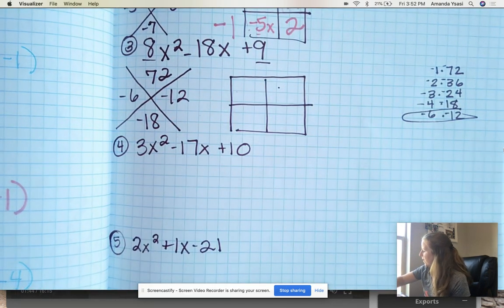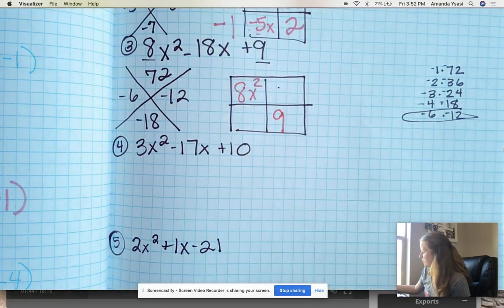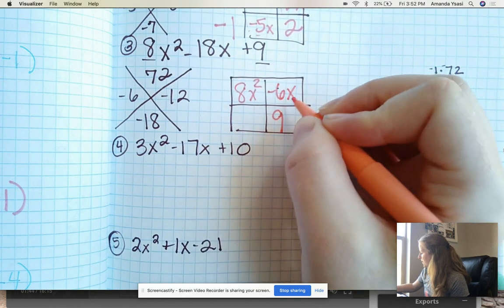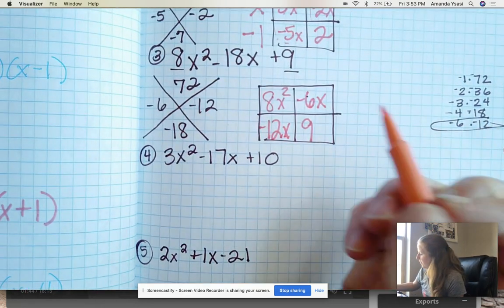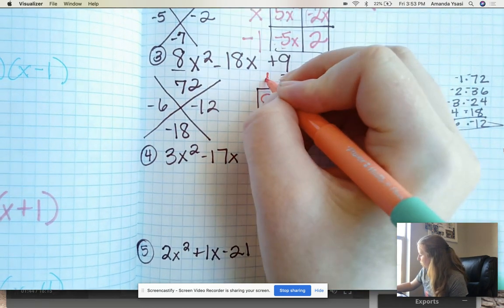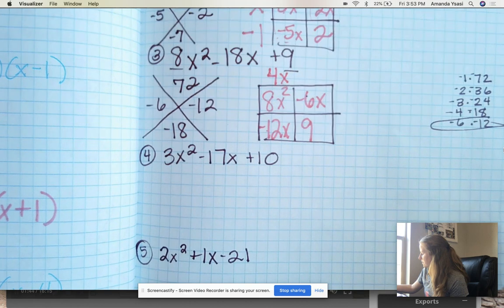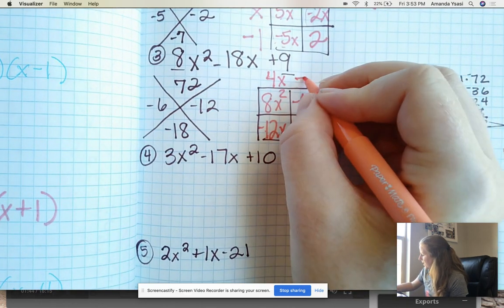And so I have 8x squared here, 9 here, and then a negative 6x here and negative 12x here. All right, factor out of the column. 8x squared and negative 12x would be 4x. And then negative 6x and 9, that'll be a negative 3.